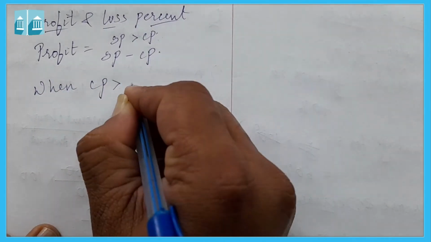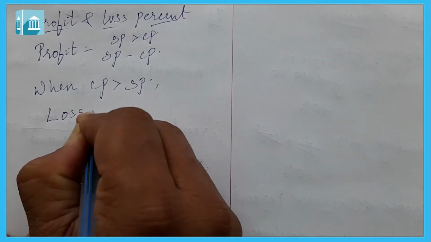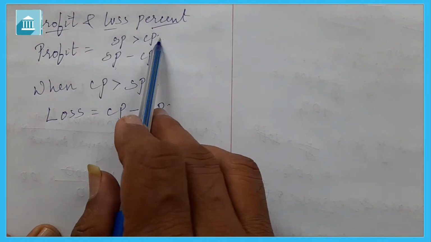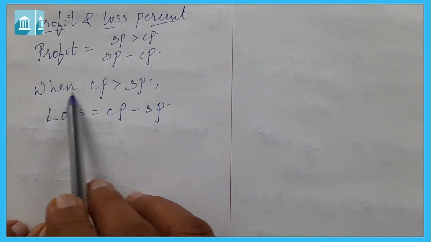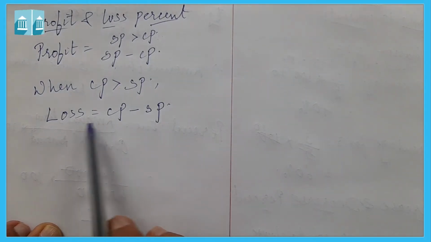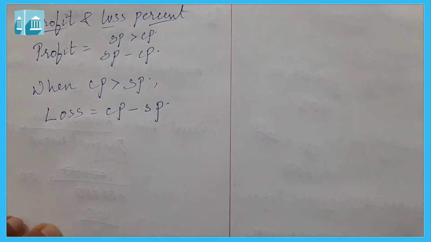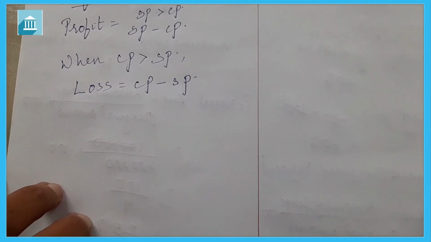In the same way, when CP is greater than SP, we will get loss, which is equal to CP minus SP. Now let us see what is profit percent and what is loss percent.